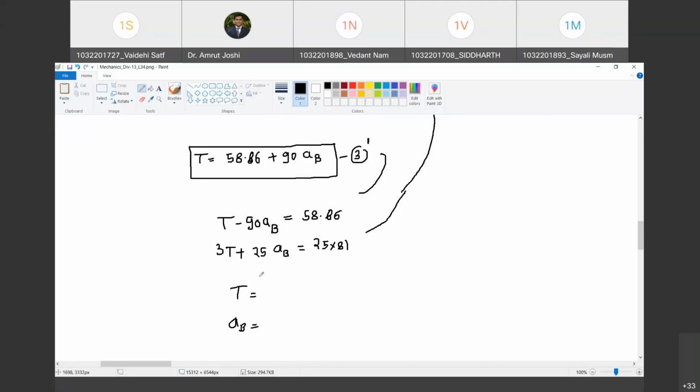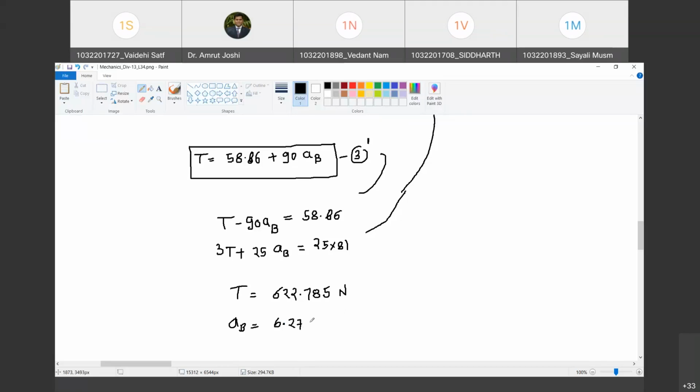So how much did you get? What is the value of T? I got it as 622.785 Newton. And what is the value of AB? 6.27.